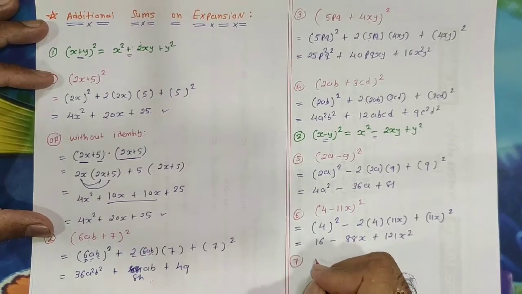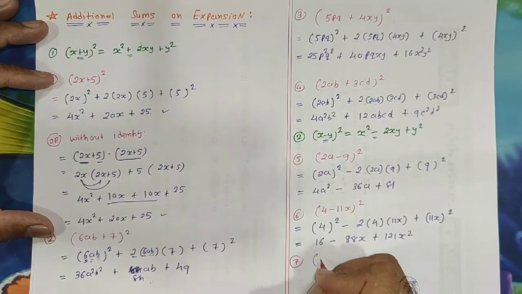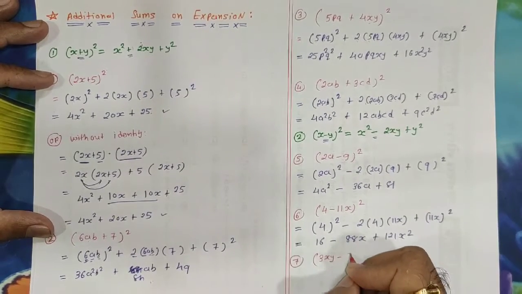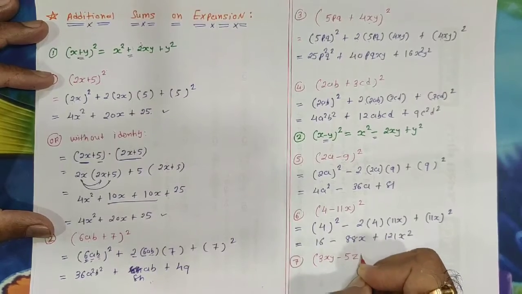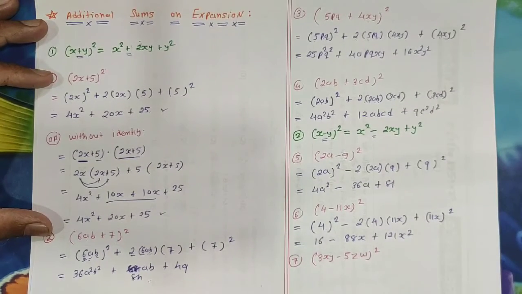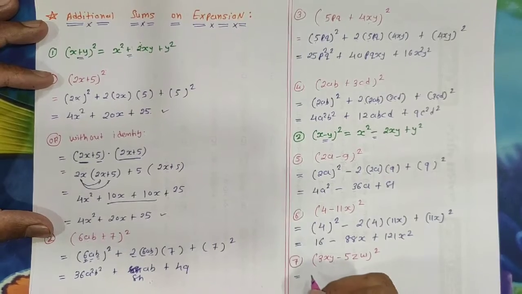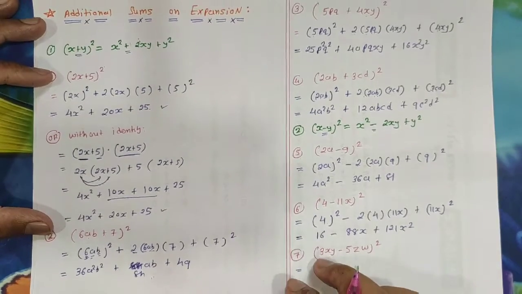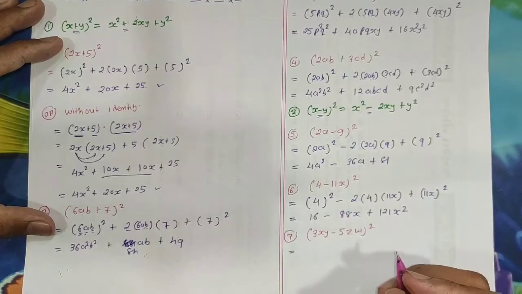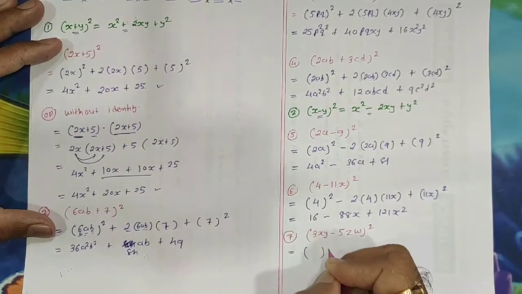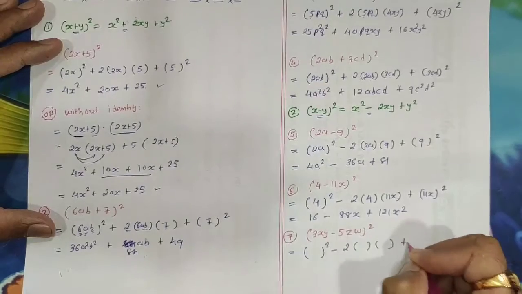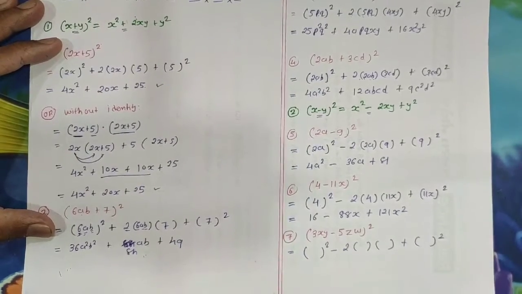Now sum number 7. Suppose we are given to perform the expansion of 3xy minus 5zw whole square. So it can be performed similarly. Put the expansion formula, which is first term square minus 2 into first into second term plus second term square.